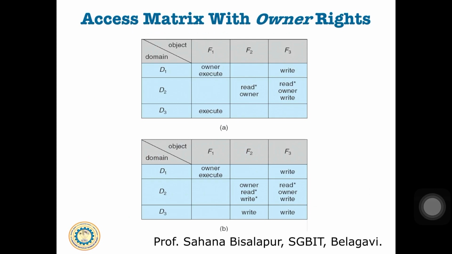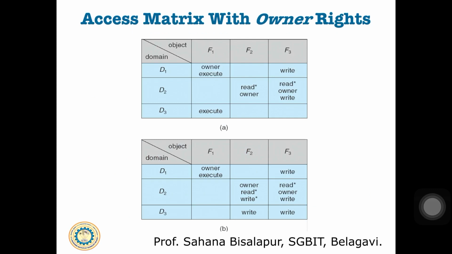Similarly, D2 is the owner of files F2 and F3, and thus can add and remove any valid right within these two columns. Thus the access matrix can be modified as shown in figure B.